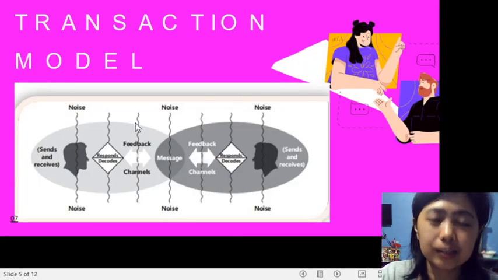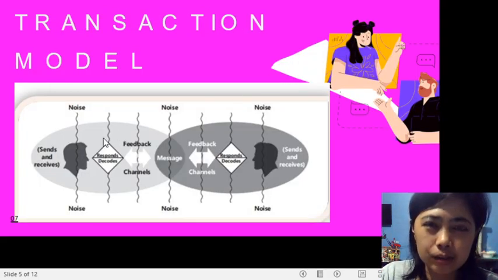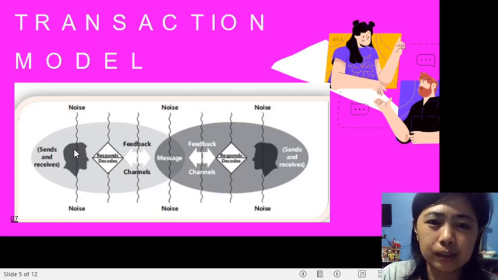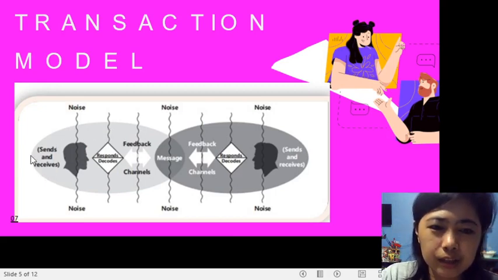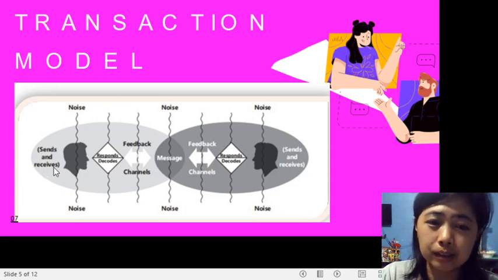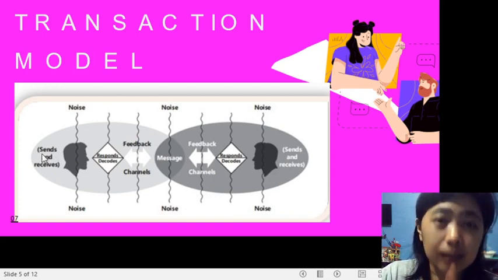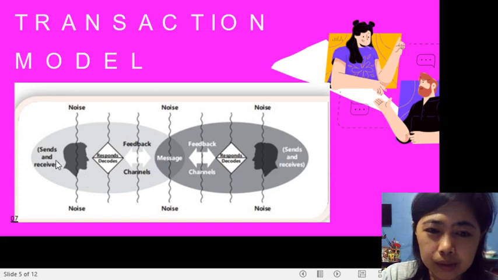Here is the figure of the transaction model. As you noticed, we have the sender or the receiver of the message. The sender can also be the receiver of the message. Hence, there is already the presence of feedback. From the sender, there is encoding and decoding of the message.